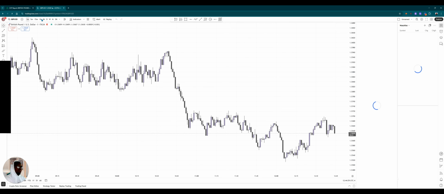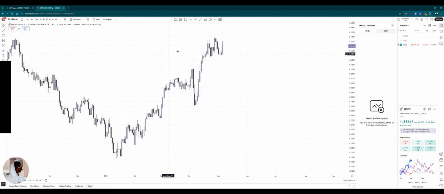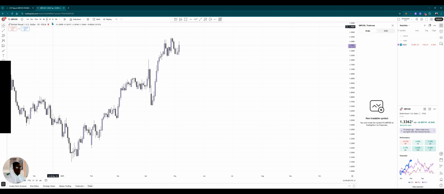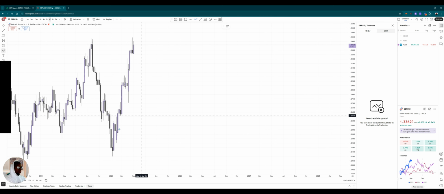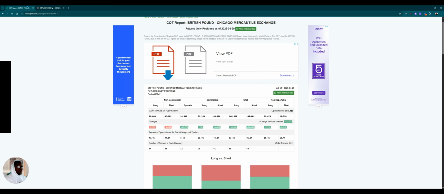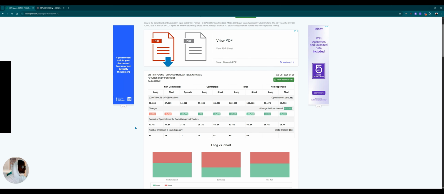This is the daily. Okay, well, this makes a lot of sense. As you can see, this is a clear uptrend on GU, very clear uptrend, which is representative of the information that we just cross-referenced over here on Tradingster.